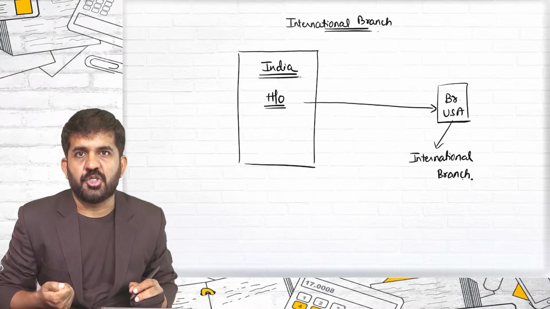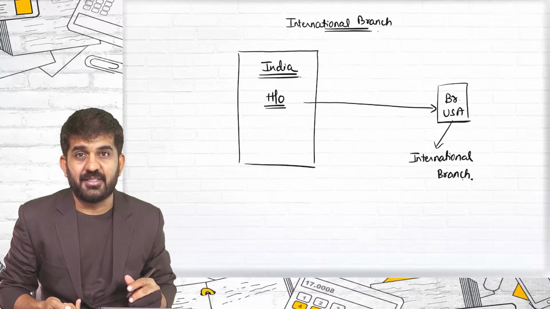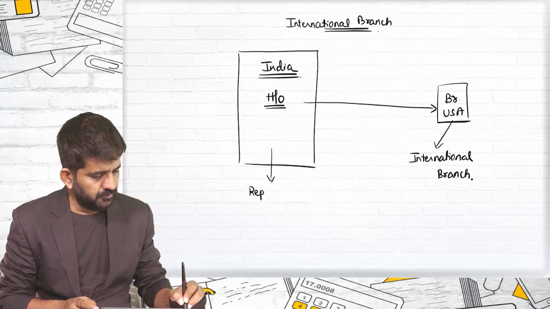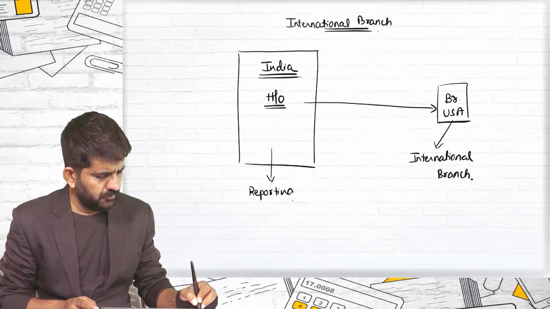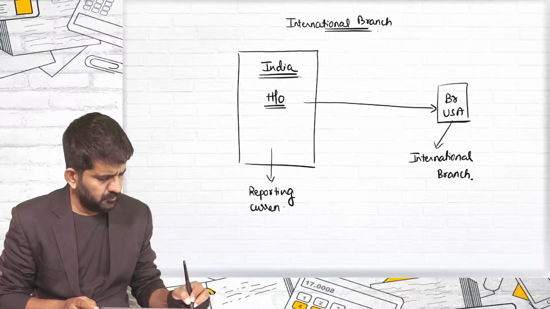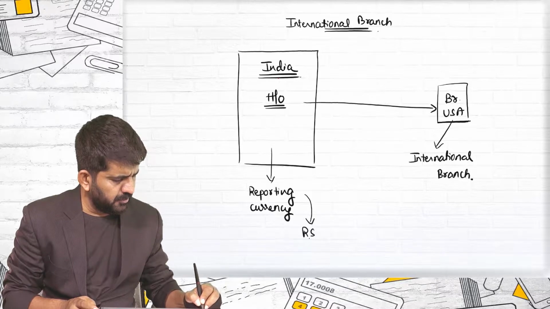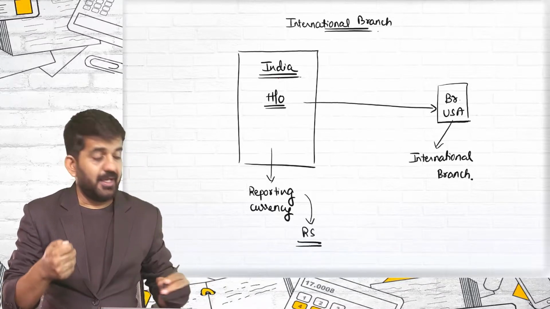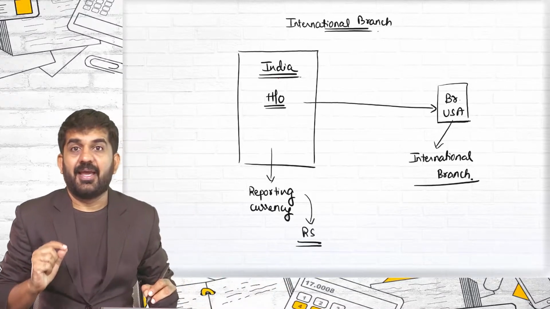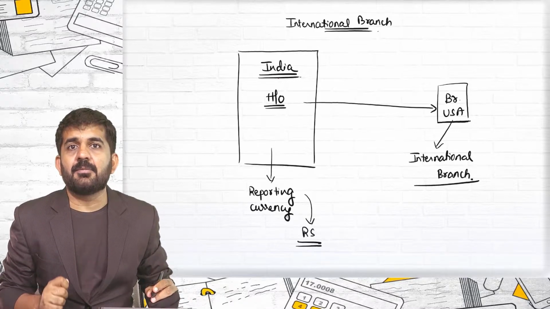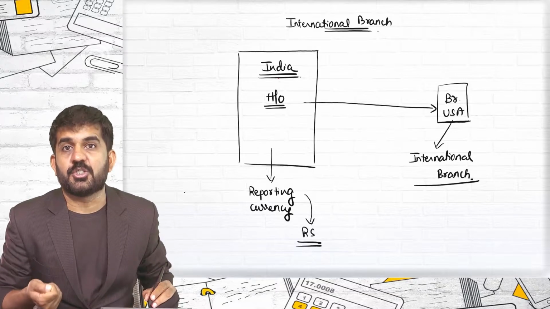As our registration is in India and head office is in India, our reporting currency or local currency will be Indian rupees. And as we have a branch in the USA, there will be some transactions done in US dollars.